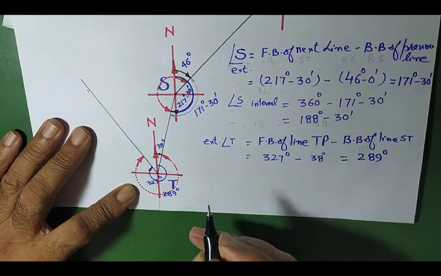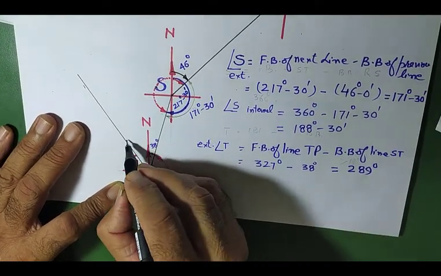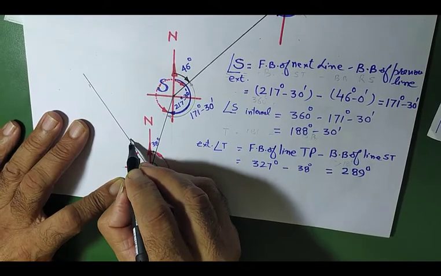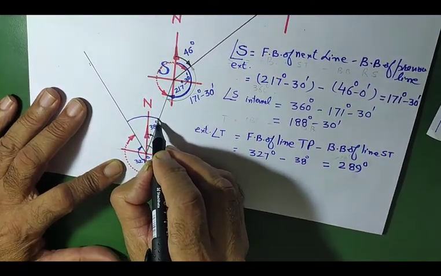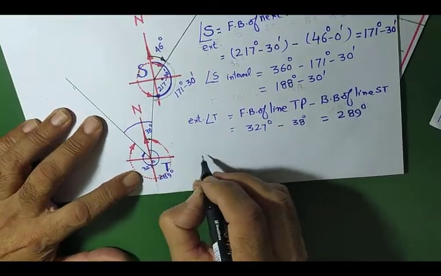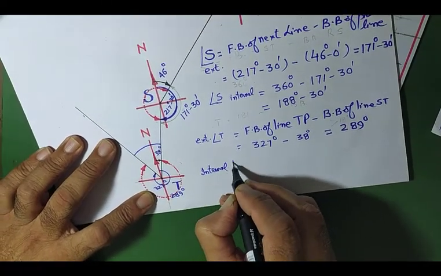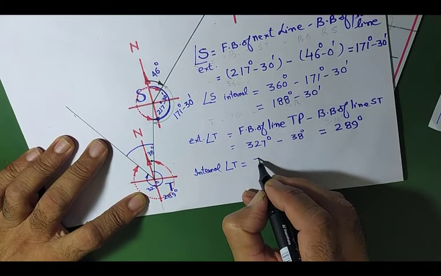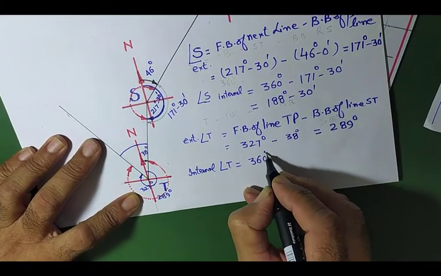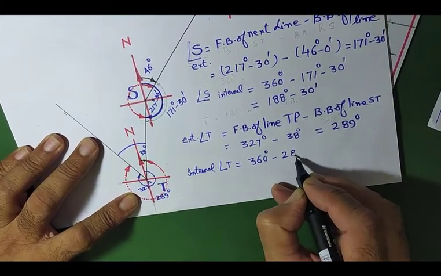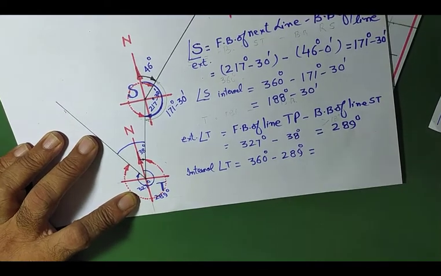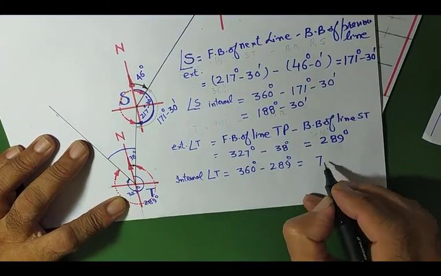It is the external angle. What we require is this internal angle, this we want to calculate. So internal angle T is equal to 360 degree minus 289 degree. This comes to be 71 degree.